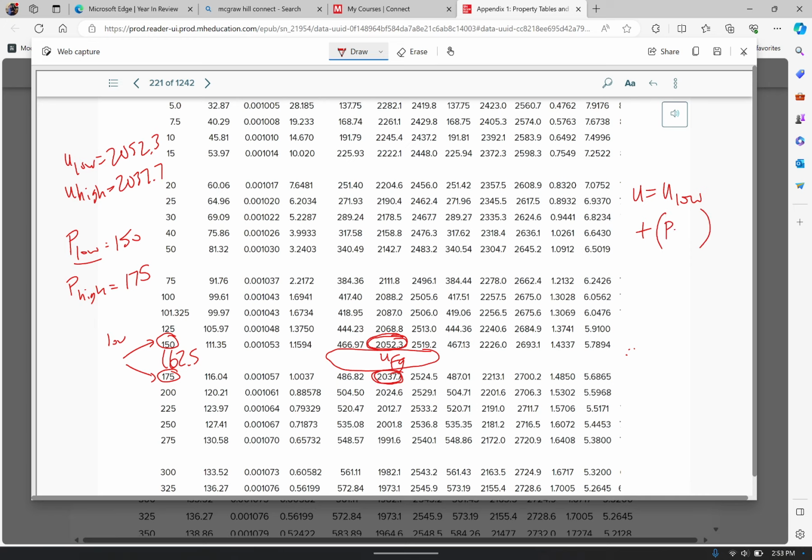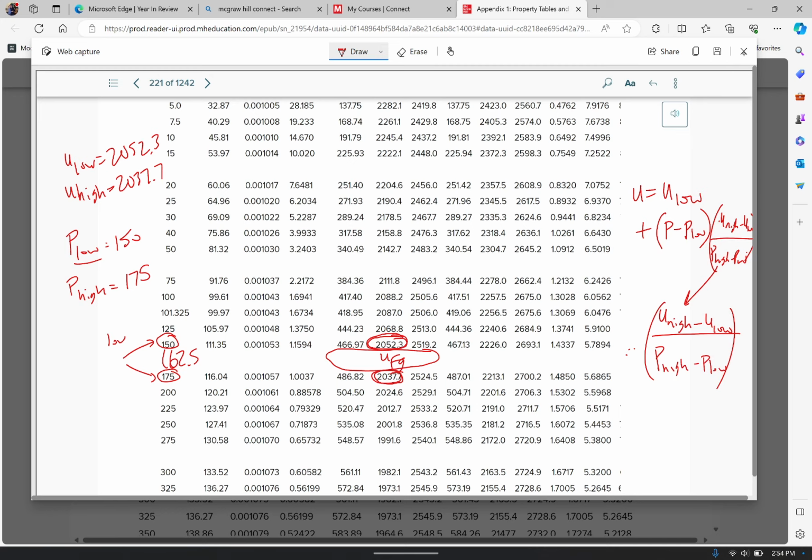So that's going to be P minus P low, and I'm going to multiply that by U high minus U low, definitely running out of room here, over P high minus P low. And just to make sure that's completely clear, I'm writing this again here: U high minus U low over P high minus P low.